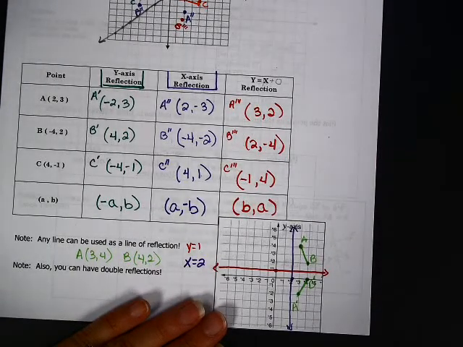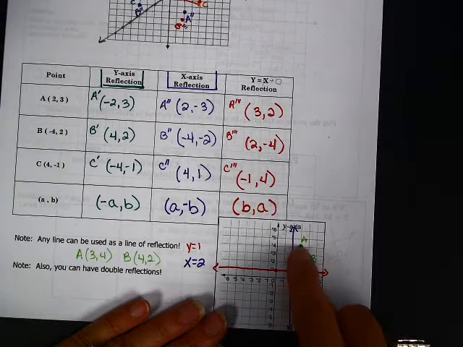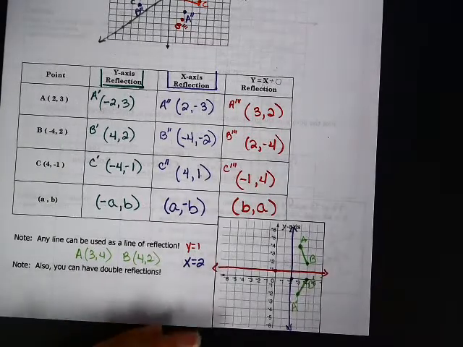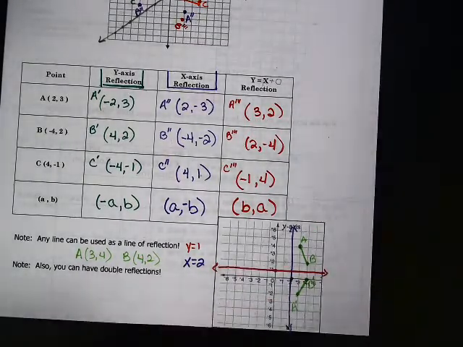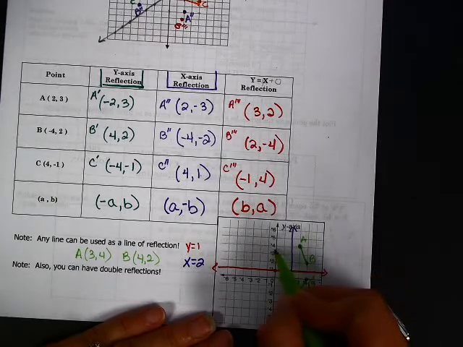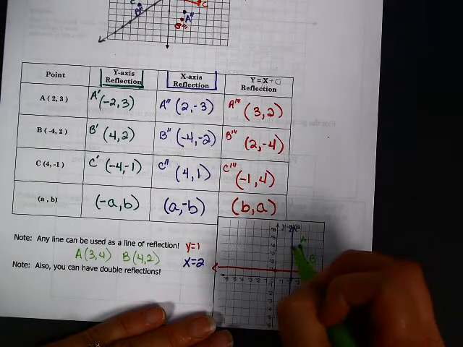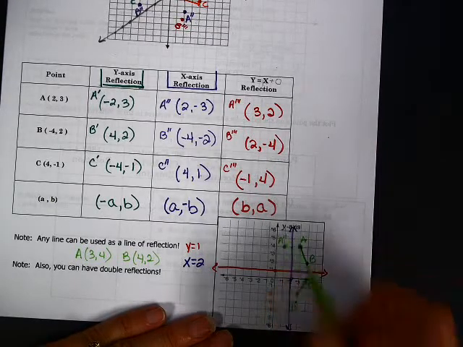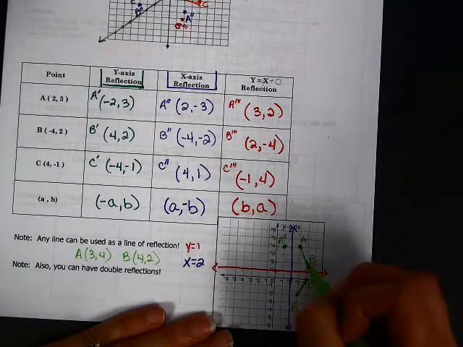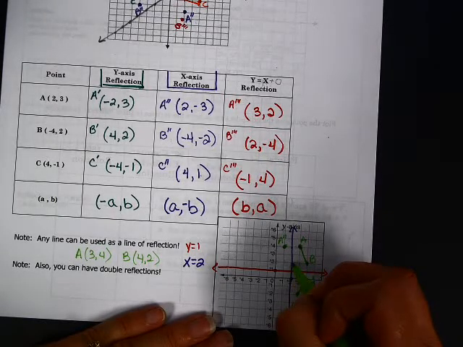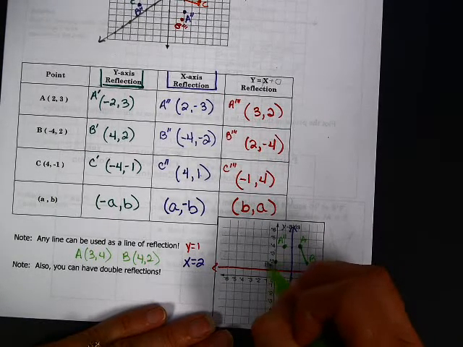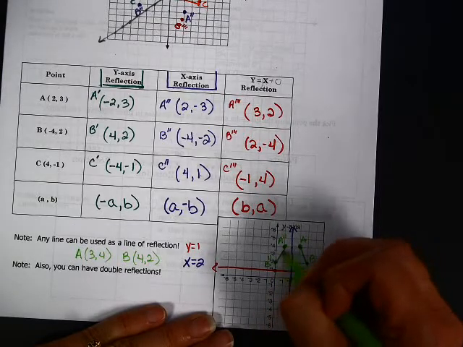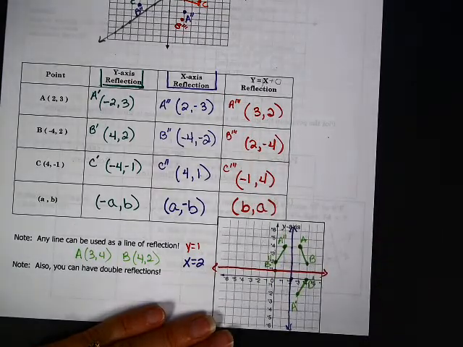And I'm going to use these same points, A and B. So I'm going to reflect it across x equals 2. So this is my mirror. I'm 1 unit away from my mirror, so I'm 1 unit away on the other side. That'll be A double prime. B is 2 away, so it's 2 away on the other side. And there's my reflection across x equals 2.